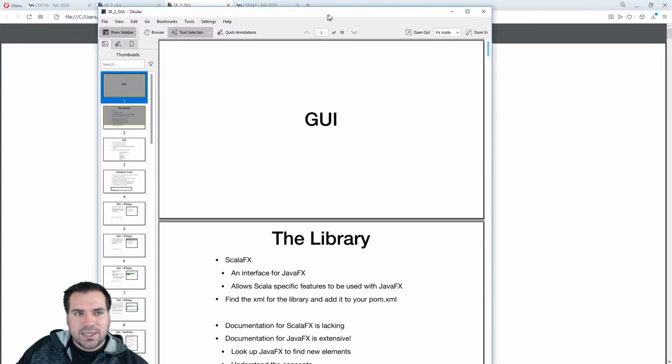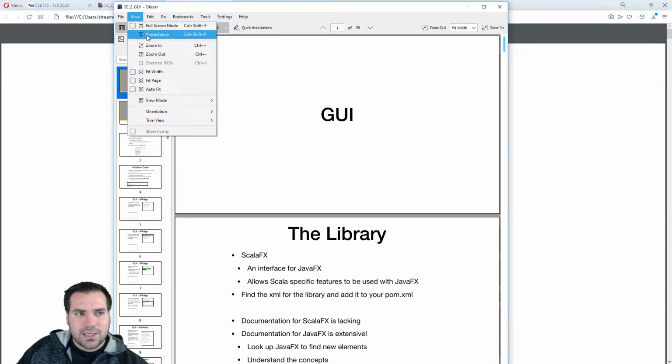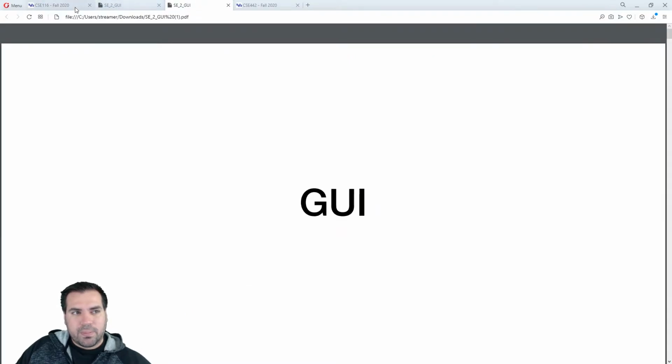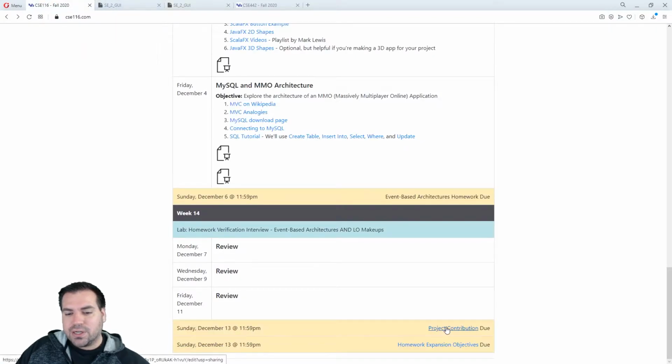And there's still a few mentions in these slides about projects. Oh, just to make sure, because I got this question a few times after Monday's lecture, there are links at the bottom for project contribution and homework expansions. Use those 2 links if you have any questions about those things. For project contribution, that links to the doc that has all the information that you need about it, and also watch Monday's lecture, of course.